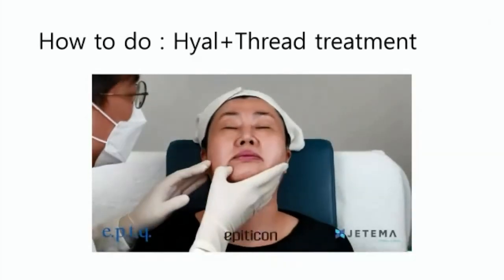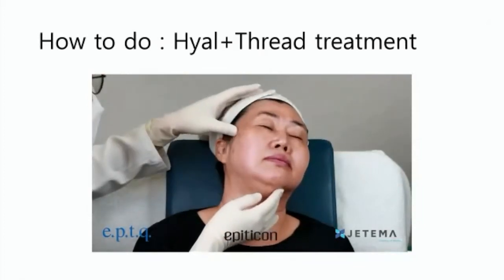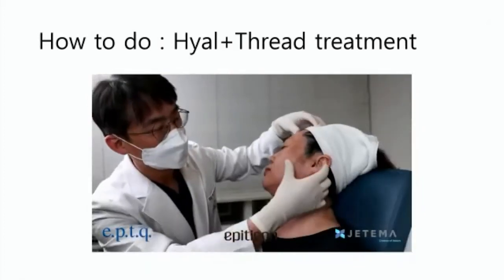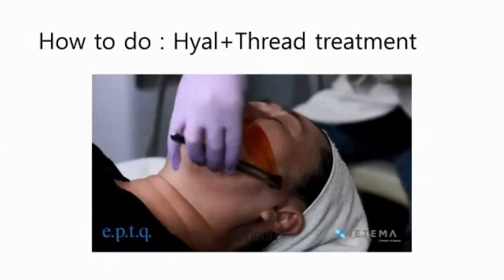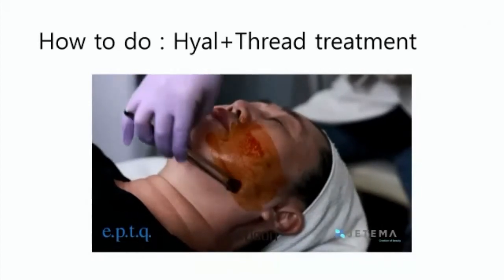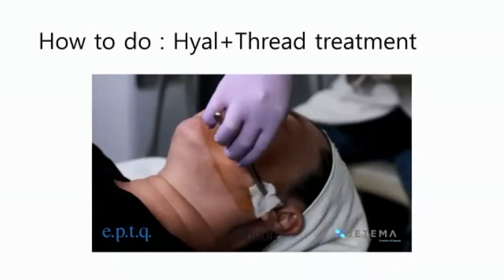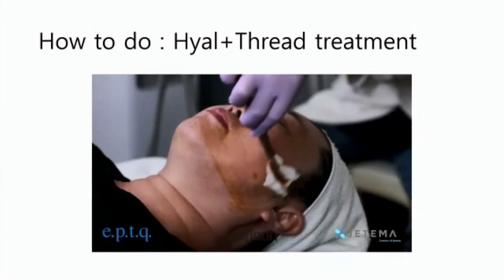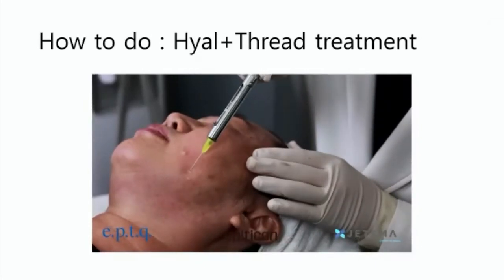Before the treatment, you should check how deep the marionette lines are and how movable both lateral cheek areas are. In some patients the lateral cheek areas do not move enough, and PDO thread insertion does not make a satisfactory result.